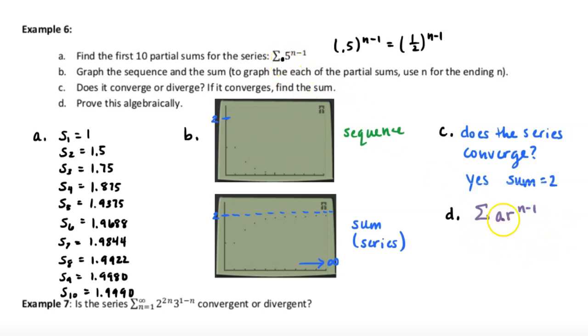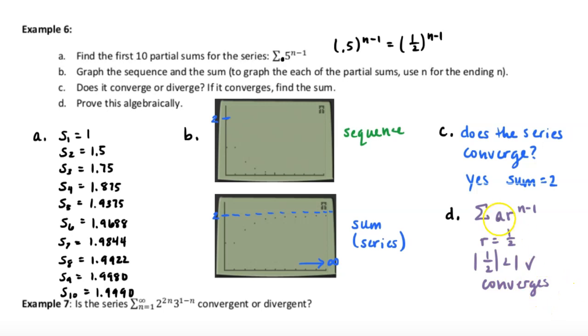Now I know my r is 0.5 or 1/2, so my r is 1/2. And because the absolute value of r is less than 1, this is a true statement, I can say that this converges.